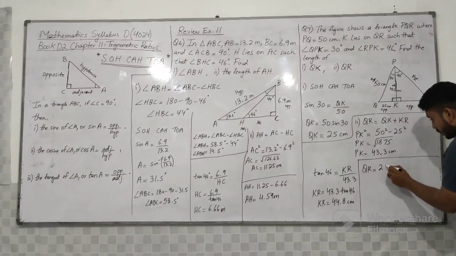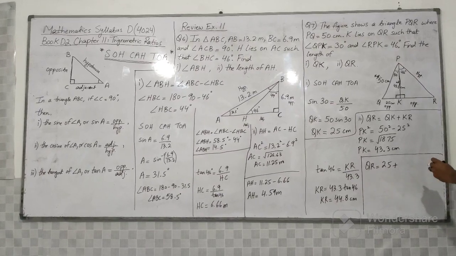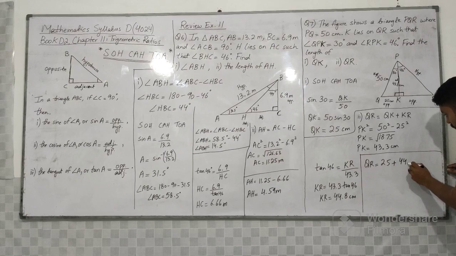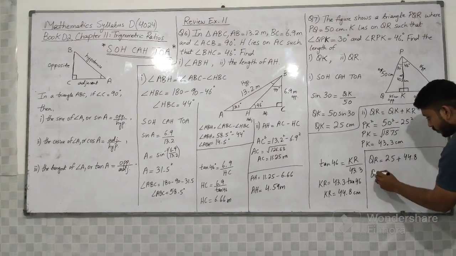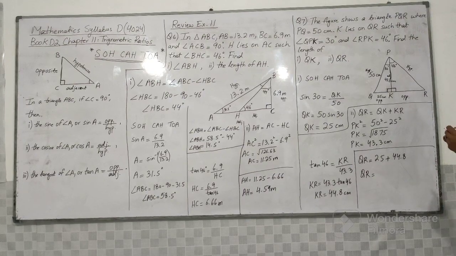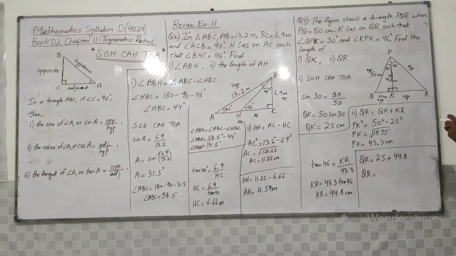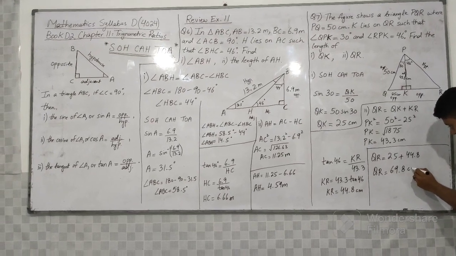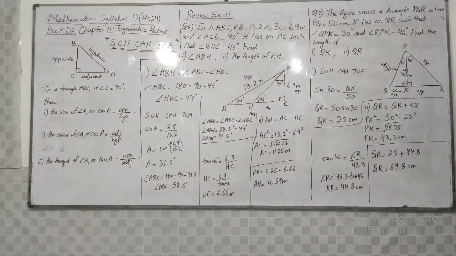QK was 25 plus KR is 44.8. So QR, the final answer to part 2, the length of QR will be 69.8 centimeter. So that is it.